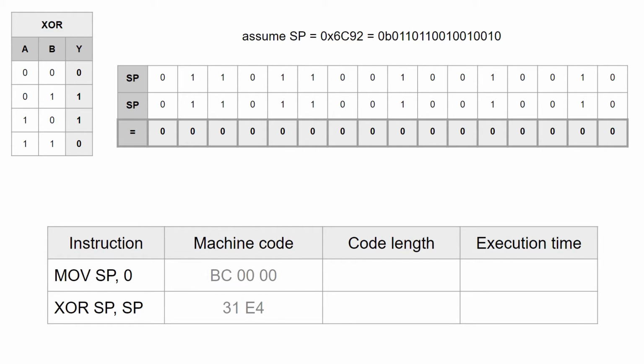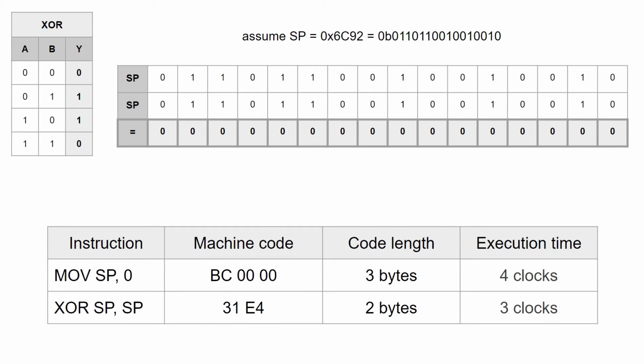As you can see, XOR SP compiles into 2 bytes, where the move SP, 0 takes 3 bytes. That is because the immediate number, which is a 16-bit value, needs 2 bytes to encode. The first BC simply encodes a move an immediate value to SP opcode, which is then followed by 2 bytes of the value itself. Now let's look at the time required to execute both of the instructions.